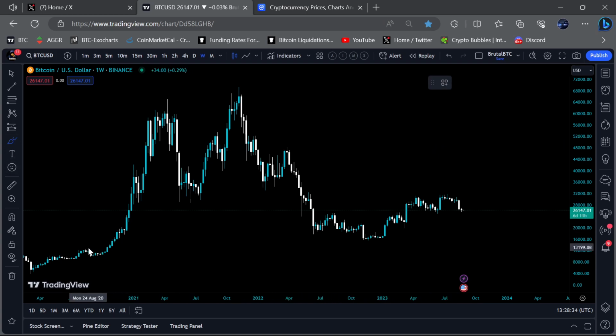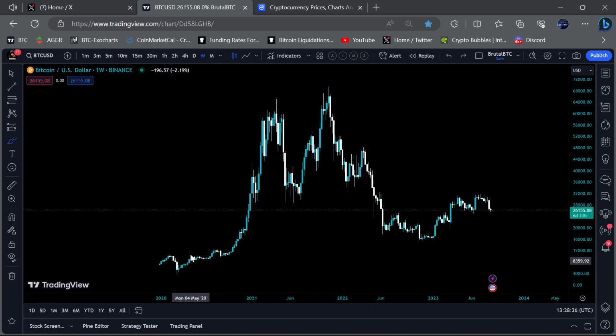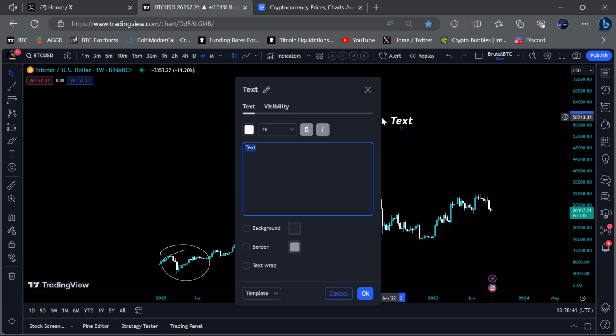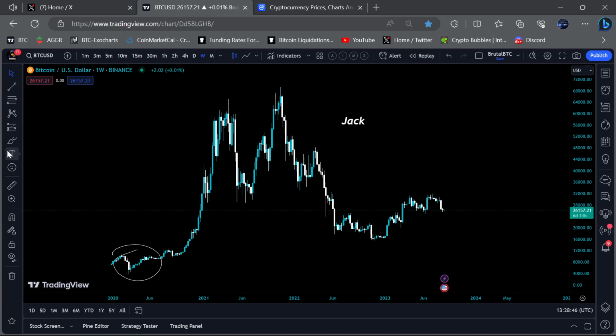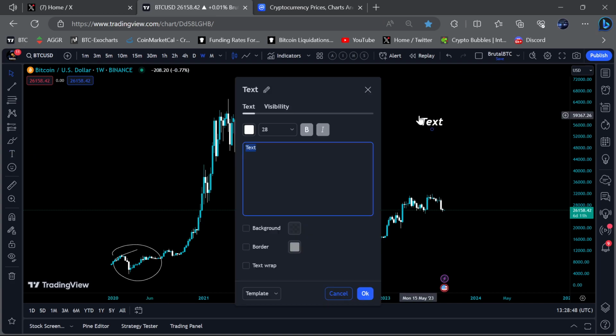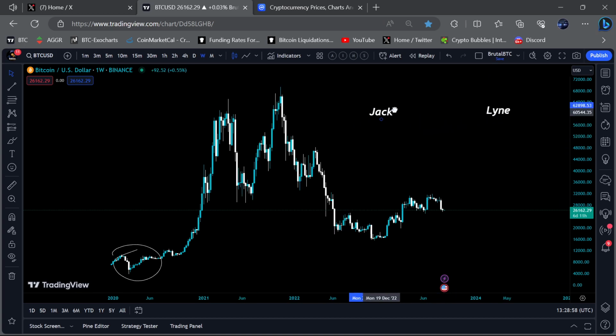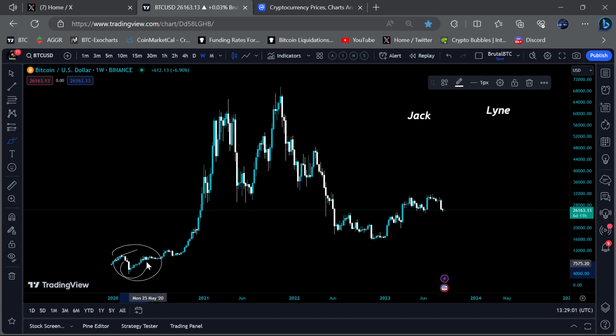For example, there are two guys who started trading. The first one is Jack, and the second one is Lane, right? Now Jack started trading with an investment of $100, and Lane started with an investment of $150.